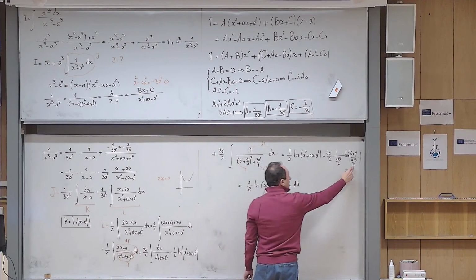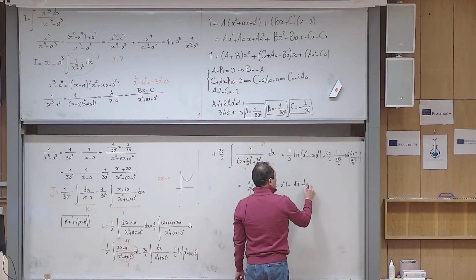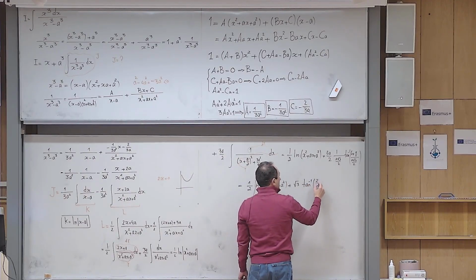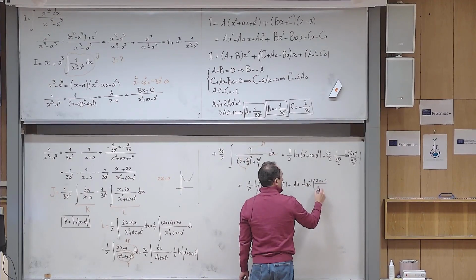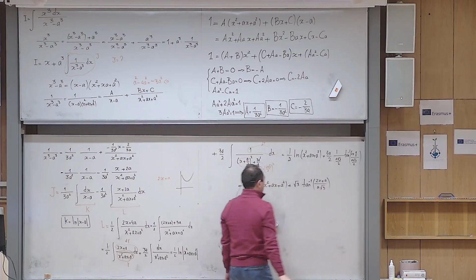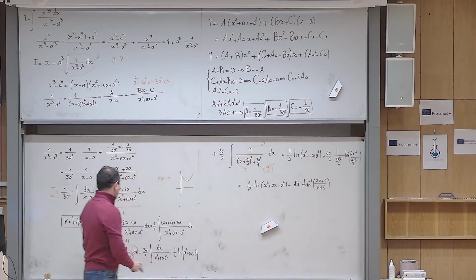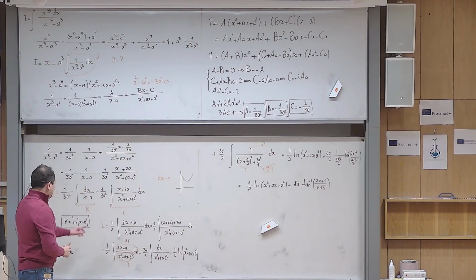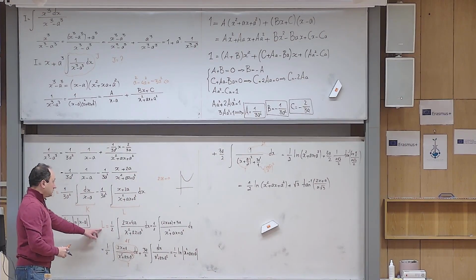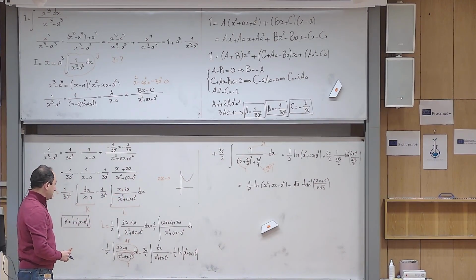Yes? And here I multiply everything by 2. The numerator becomes 2x plus a. The denominator becomes a square root of 3. Okay. So if I come back, be careful, this is just your L. The L is that expression, okay.